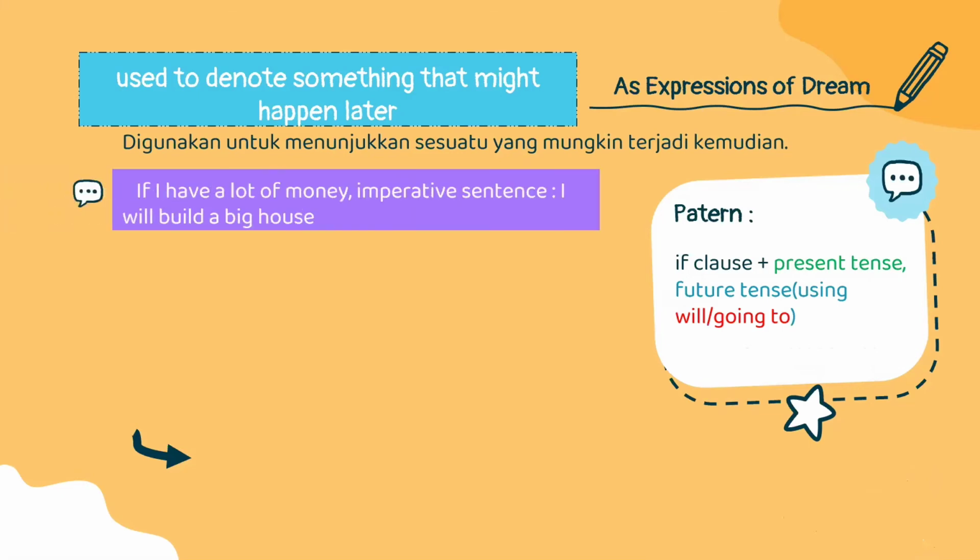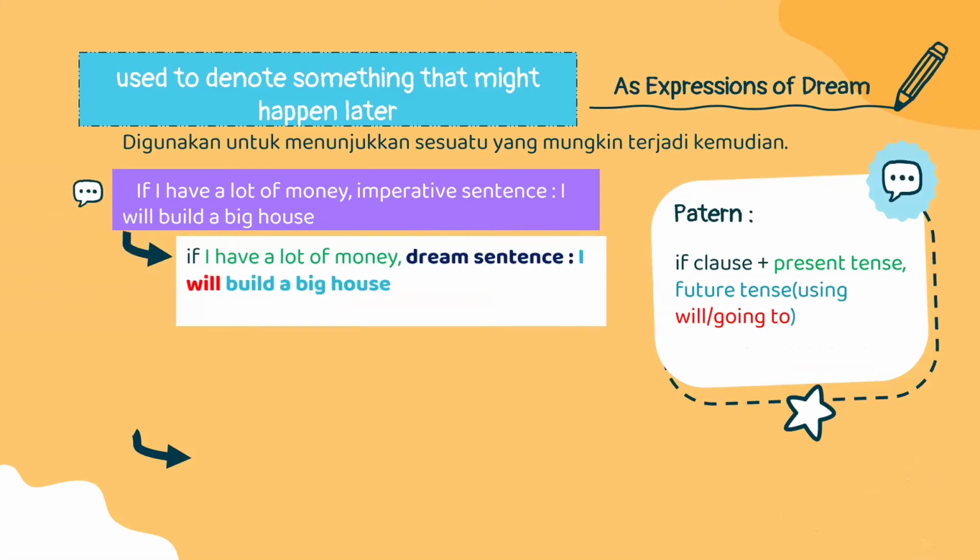First, example, if I have a lot of money, I will build a big house. Okay. If I have a lot of money, if clause. I have a lot of money, present tense. Future tense using will or going to, will build a big house.